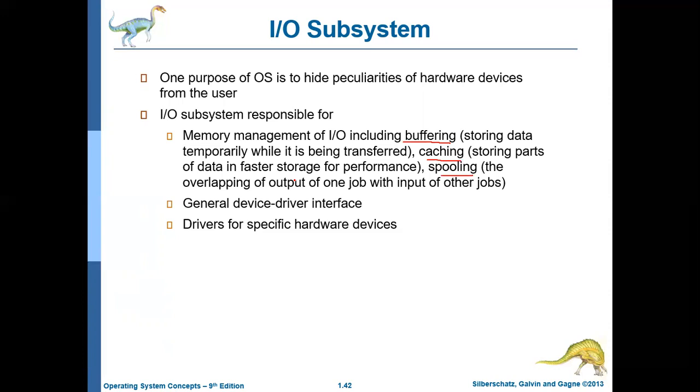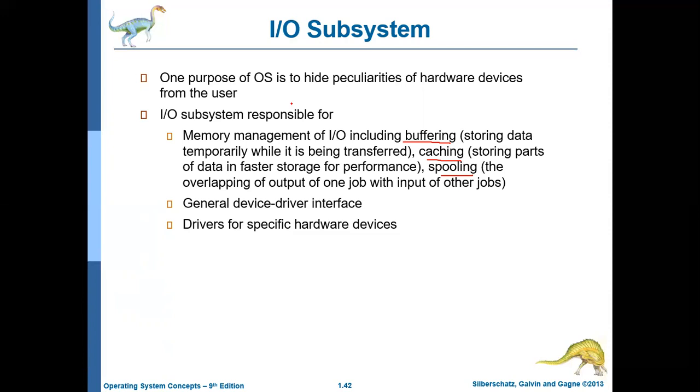For example, in an IO operation with two jobs, the output of the first job may be the input for the second job. That is called spooling. How this is implemented in different hardware is hidden from the user by the operating system, which provides a uniform interface to the user irrespective of the type of device. This is how the operating system manages IO devices.